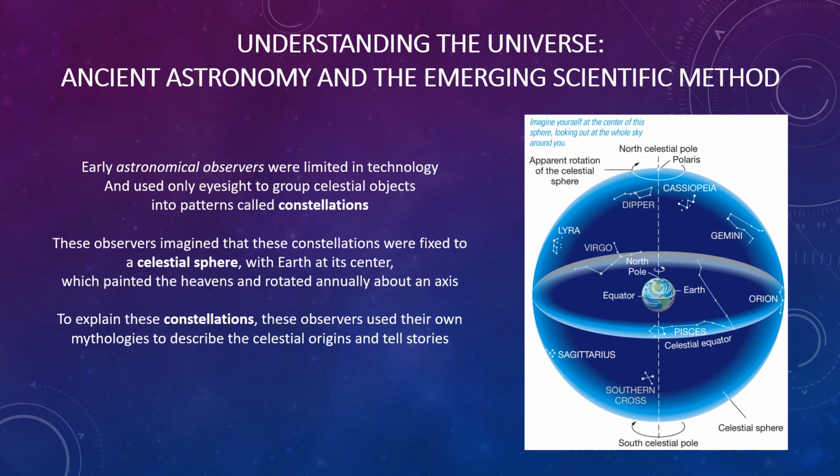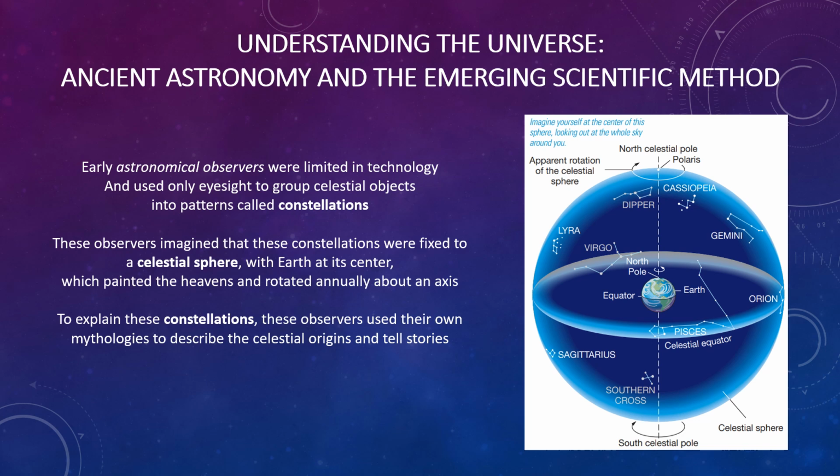So the earliest astronomical observers, the earliest astronomers, were very limited in their technology. They could really only use their eyes and pencils and papyrus to draw the constellations that they could see in the night sky.